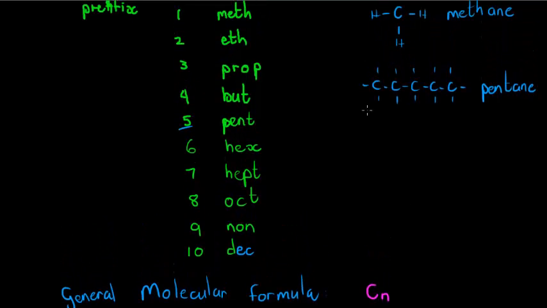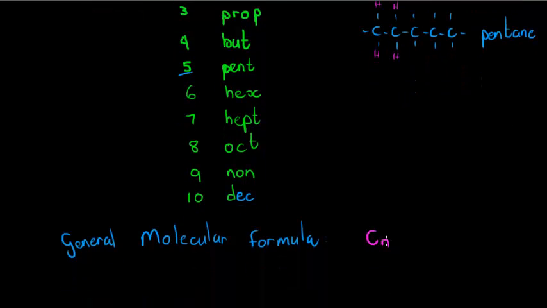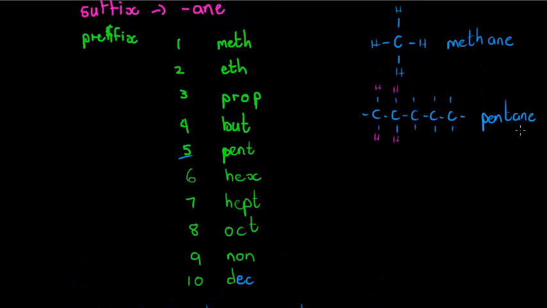Now you'll notice that no matter how many carbons I have, each carbon has 2 hydrogens. Okay, all the carbons have 2 hydrogens. So if I have N carbons, I will have 2N hydrogens, with 2 exceptions. The 2 at the end are not bonded to 2 more carbons, they are bonded to a hydrogen each.